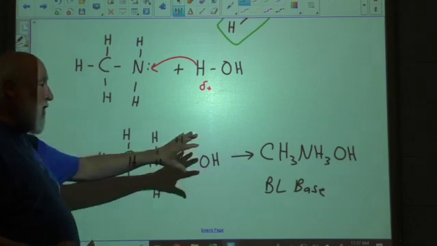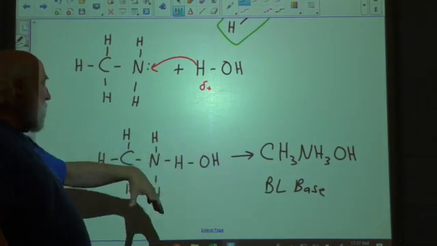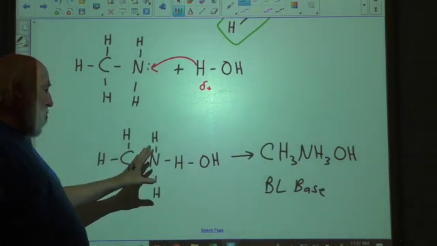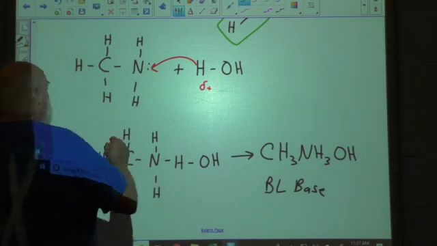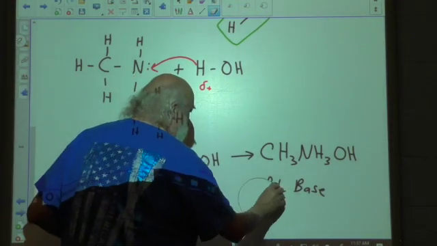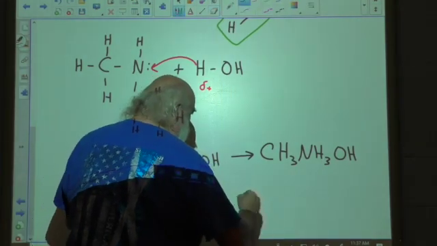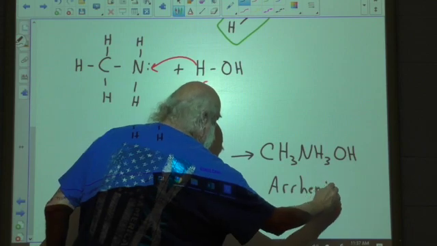So we can treat that like the base we would for other compounds. This is what we're going to have to do in today's lesson, to be able to come up with Bronsted-Lowry bases based upon the Arrhenius base. I'm sorry, that is not a Bronsted-Lowry base. I said that incorrectly. This is an Arrhenius base because now we have the hydroxide on it. My mistake.